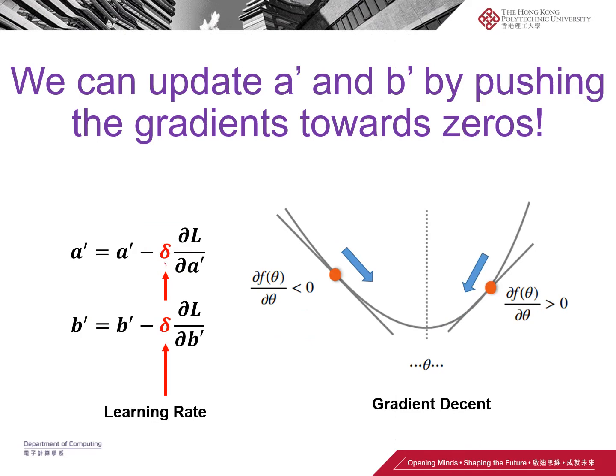We just update a little bit according to the partial derivative of A prime and B prime. This is called a learning rate. Usually we can set something like 0.05. That means we only update a little bit of this amount to A prime or B prime. That will be safer to control the risk of the updating process.